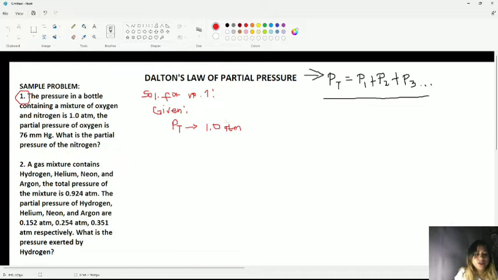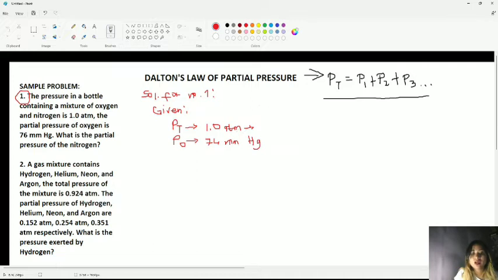The partial pressure of oxygen is, so meron pang given na partial pressure ng oxygen. Lagay natin as P sub O for the oxygen element, and may value siya na 76 millimeter mercury. Since naka-millimeter mercury yung partial pressure, i-convert natin tong atmosphere into millimeter mercury. Na-discuss na natin dati sa mga videos yung pressure units.